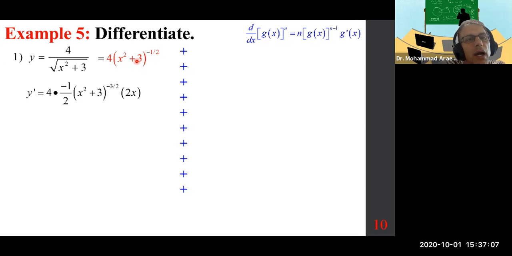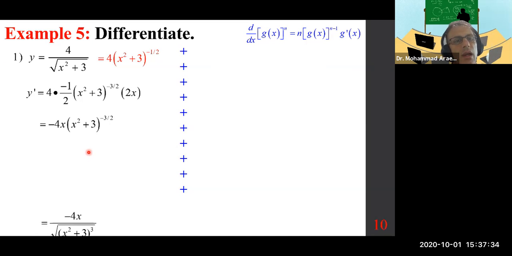You have 4 and negative 1/2 and 2x. 4 times negative 1/2 times 2x. This negative 1/2 and 2 cancel each other, negative 1, negative 4x comes, and we write it in this fashion. Now, all you have to do, this negative 3/2 exponent, you want to get rid of it. How? Take it down, make it positive.